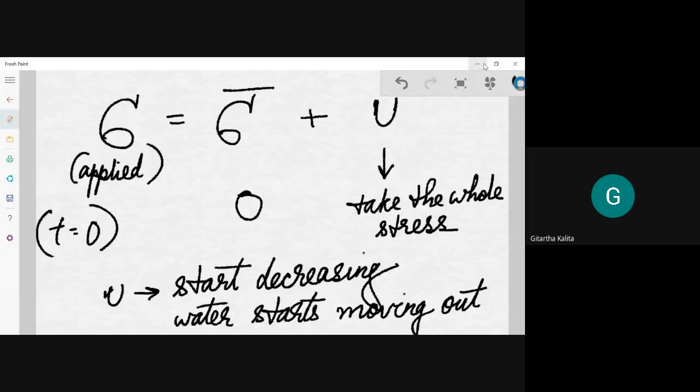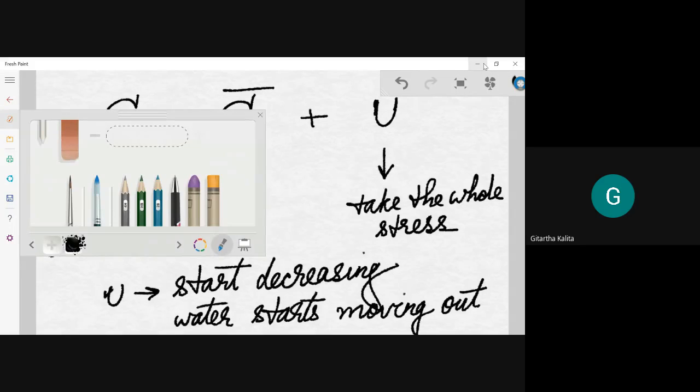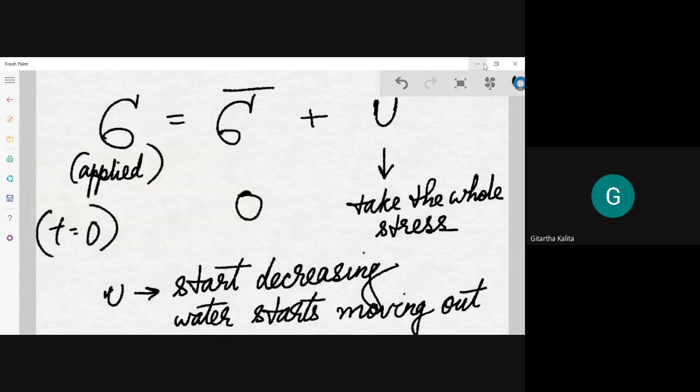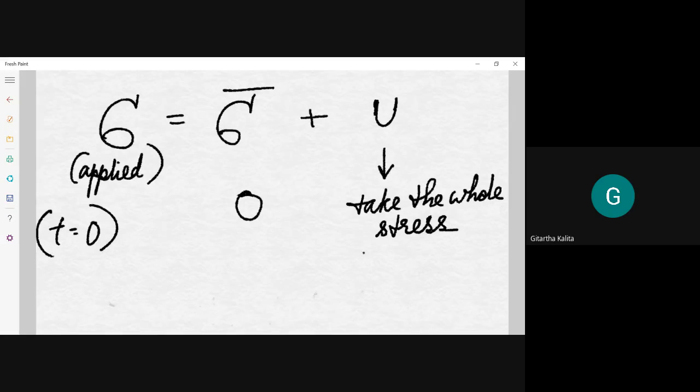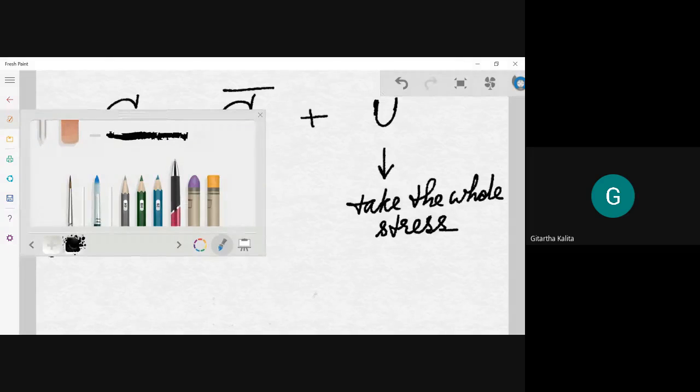Okay, so if you imagine, after a long time, when no water is left, then what will be the value of u? Can you write down in the chat? After a long time, if there is no water, all the water is going out, what is the value of u?